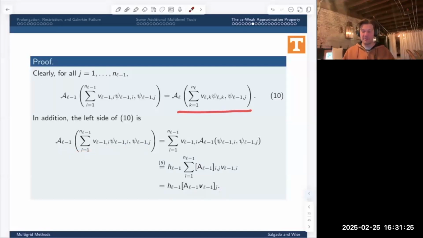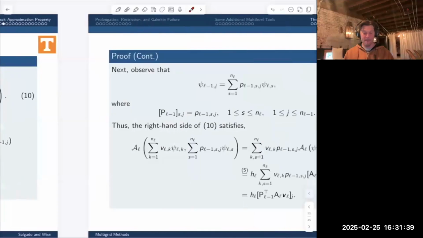Now let's operate on the right-hand side of 10. So keep this in your back pocket for a minute. It is HL times the jth coordinate of AL minus 1 times the vector VL minus 1.